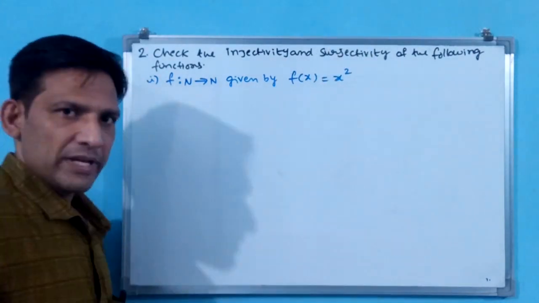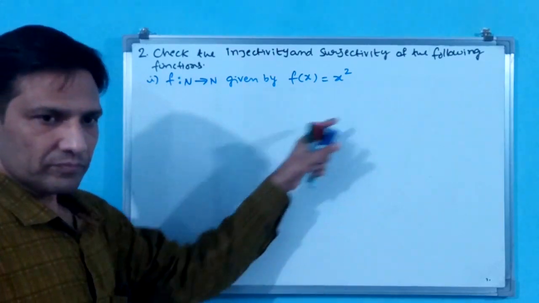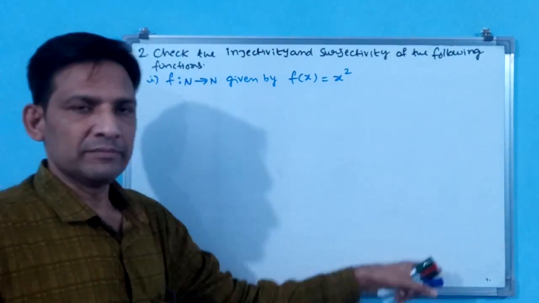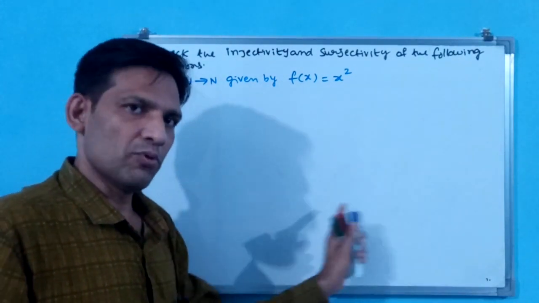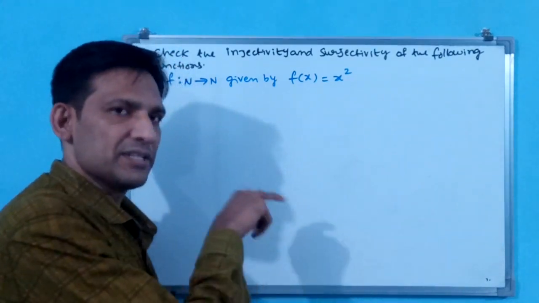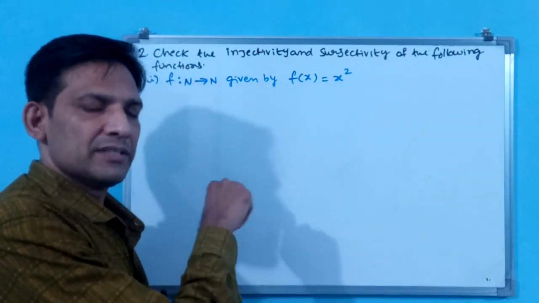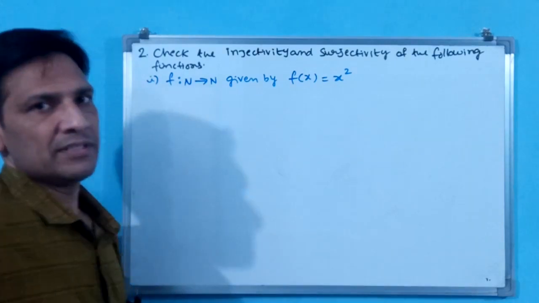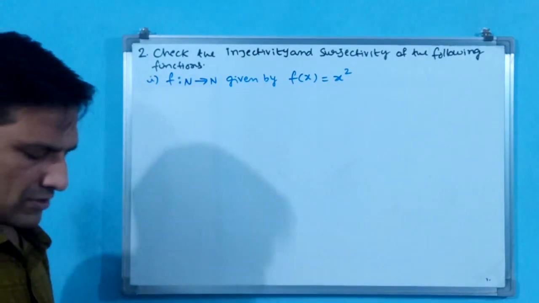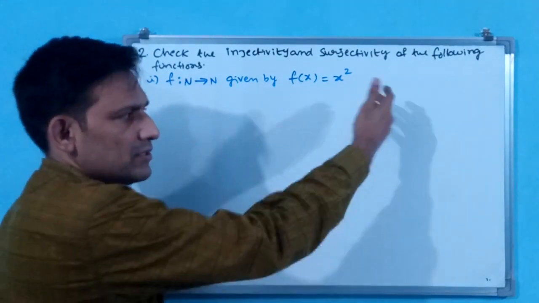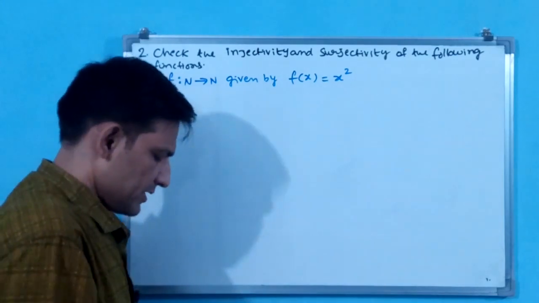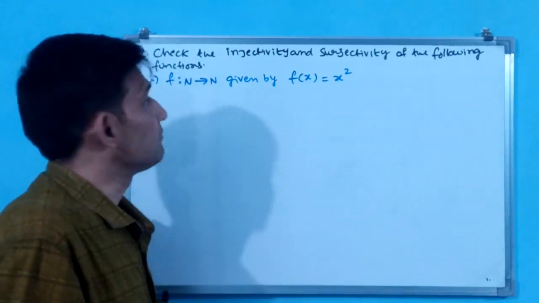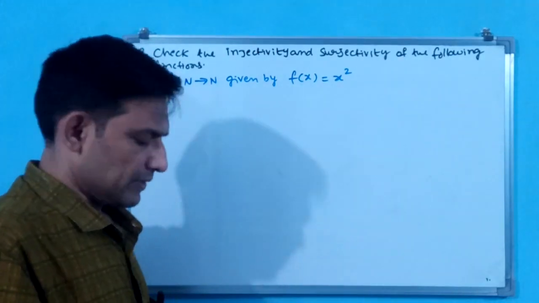Natural numbers we have to take in both. As per the arrow diagram, both sets are having natural numbers, but the function dictates the relation between the domain and codomain. Because this is the domain, this is the codomain. Let us draw the arrow diagram first.